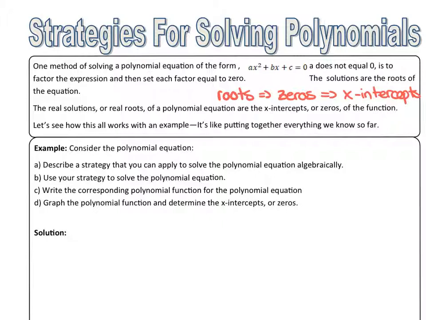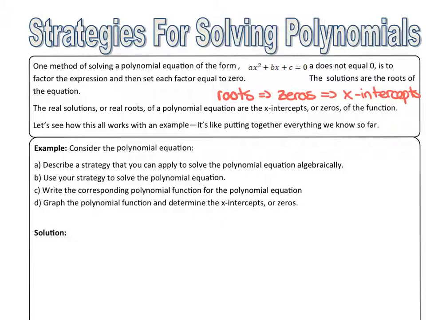So if the question asks you to find the roots, the zeros, or the x-intercepts, you are going to do the same thing, because they all mean the same thing. The real solutions or real roots of a polynomial equation are the x-intercepts or zeros of the function. So that just explains that all 3 of those terms are the same.